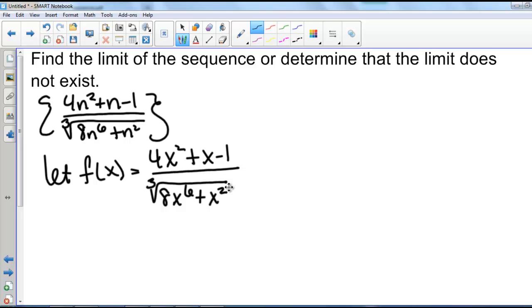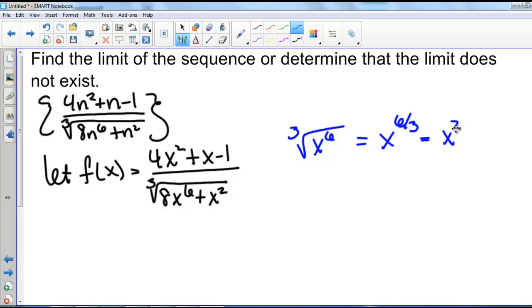And here we see that our leading term, our largest effective power of x, is going to be the cubed root of x to the 6th. So that is x to the 6/3, which is x squared.